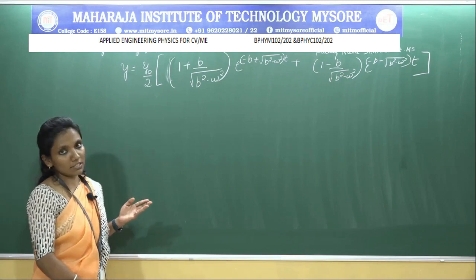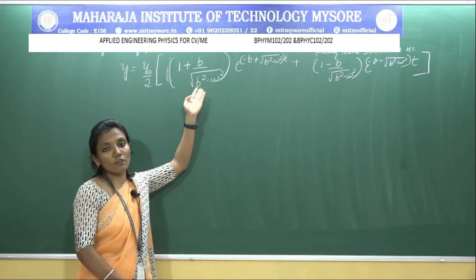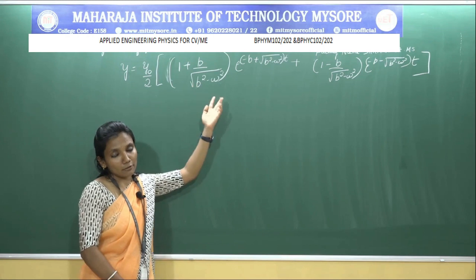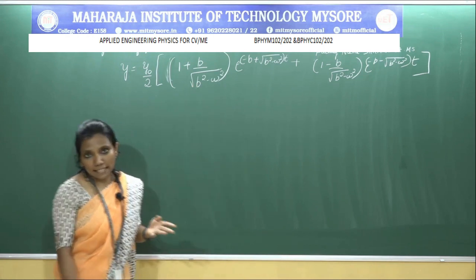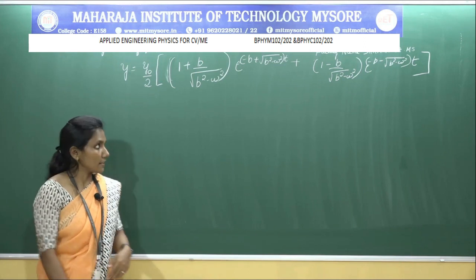Now the damped oscillation depends upon the relative values of b and omega, where b is the damping coefficient and omega is the angular frequency. Based on those relative values, the damped oscillation is classified into 3 cases.